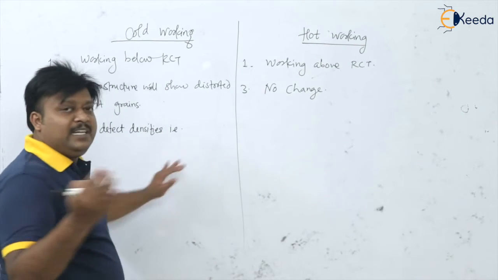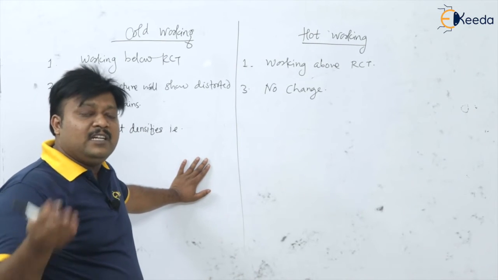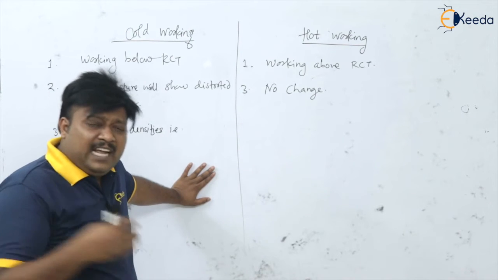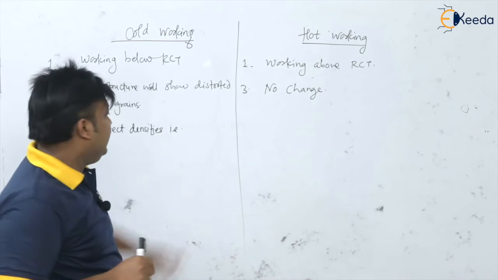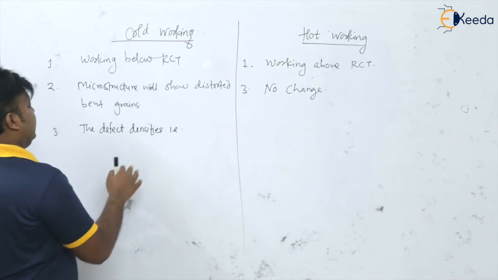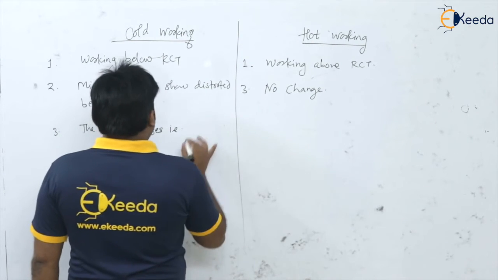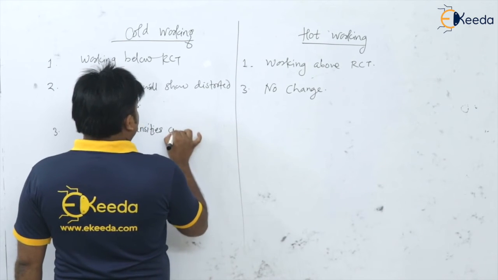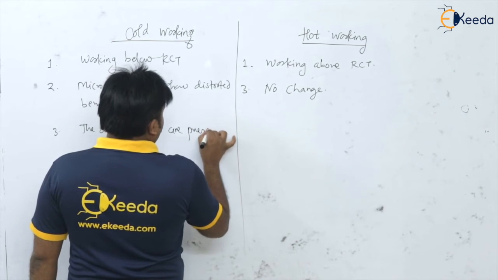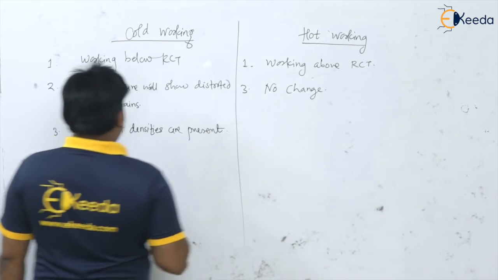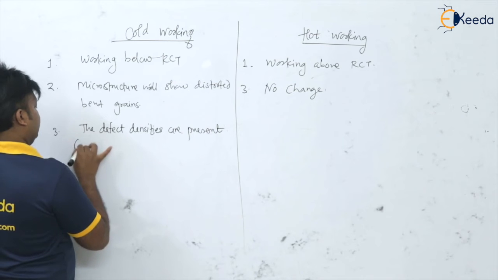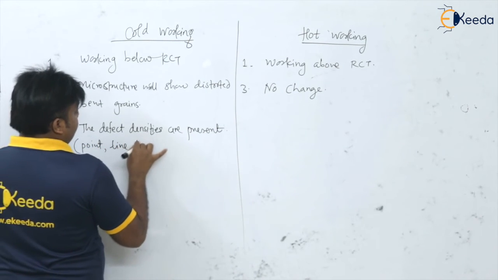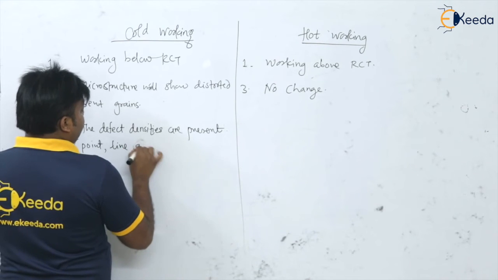Like in point defect, what is there? Vacancy, substitutional, impurities are there. Okay, then in line defects we are having the dislocations. Okay, because of these defect densities, for example, I will write here point defect, line defect, then surface defect.